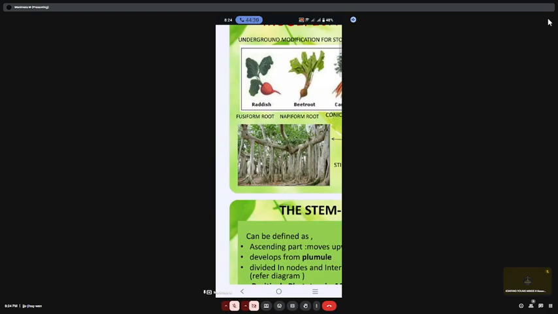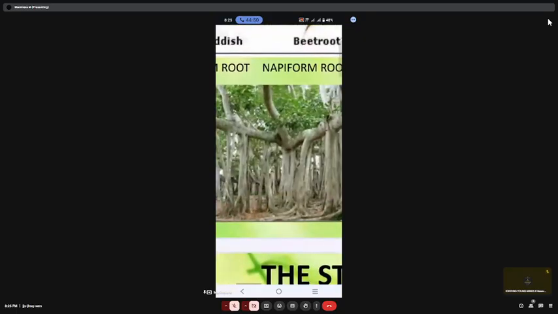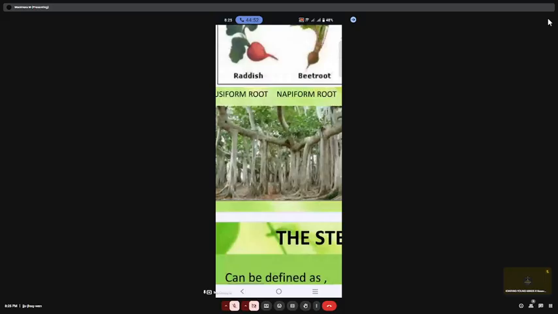So what are prop roots? Modified adventitious roots which arise horizontally from branches and provide extra support. As it grows horizontally, with the help of these roots the plant can get good support.